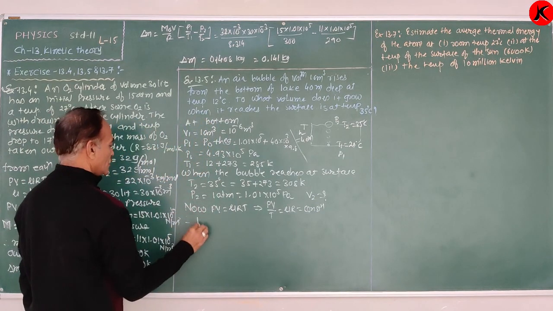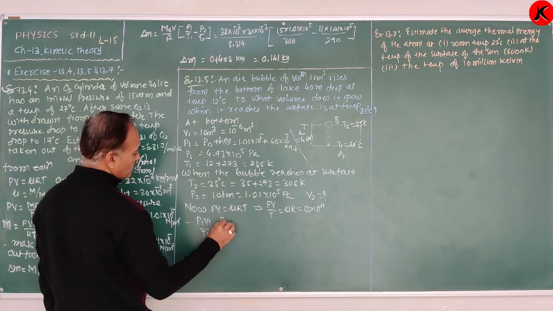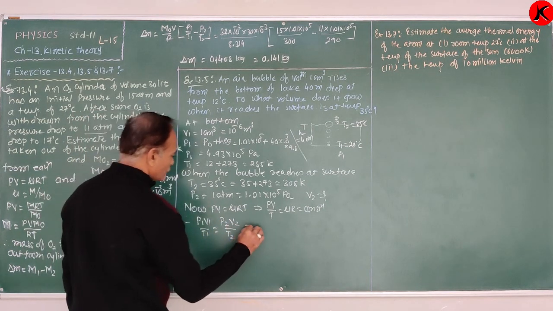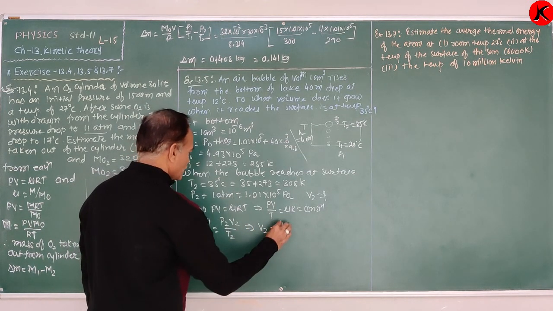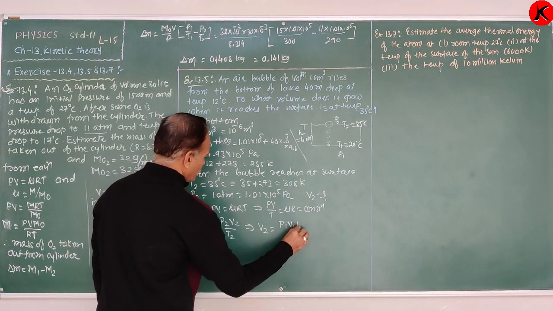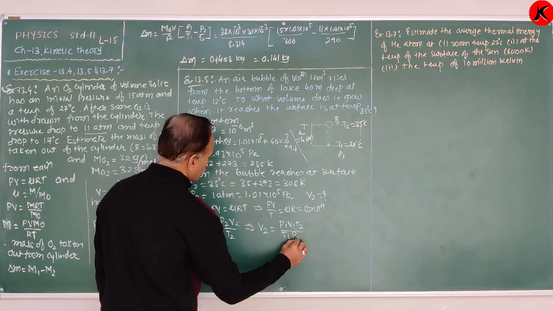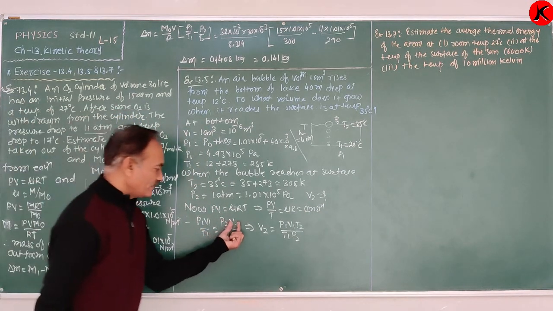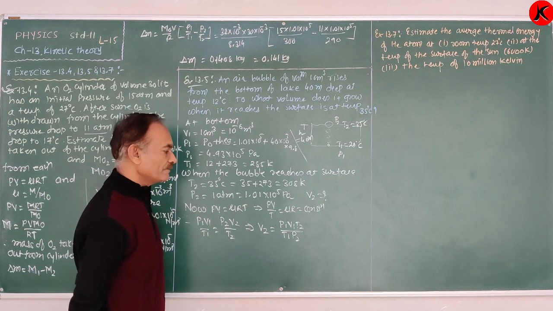Therefore, at the bottom P1 V1 upon T1 is equal to, on the surface, P2 V2 upon T2. Therefore, V2 is equal to P1 V1 T2 upon T1 P2.